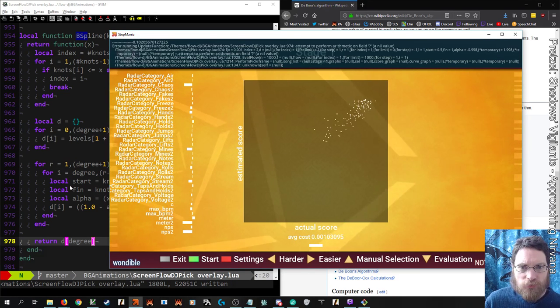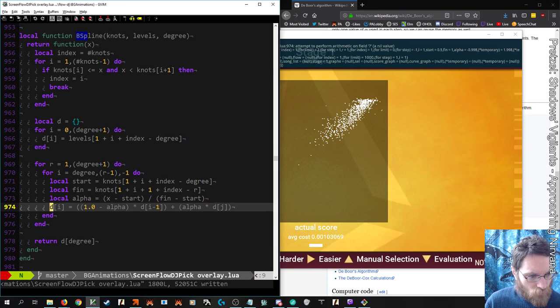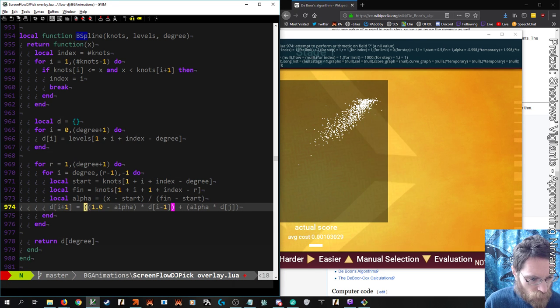Arithmetic on field 974. So knots is properly indexed. Oh, this is plus 1.